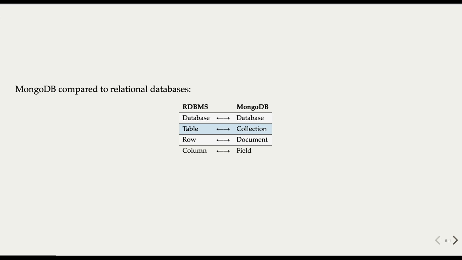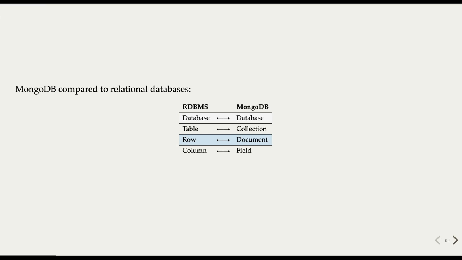But the collection is different from a table because you do not have to predefine the schema, the structure of the collection. Here, a collection is a collection of documents. And the document is similar to the notion of a record, or a row, in the relational database.